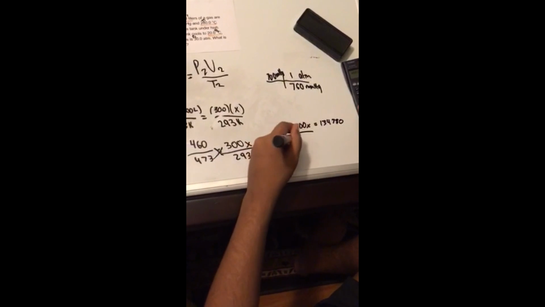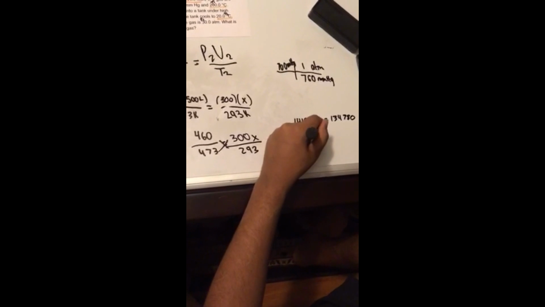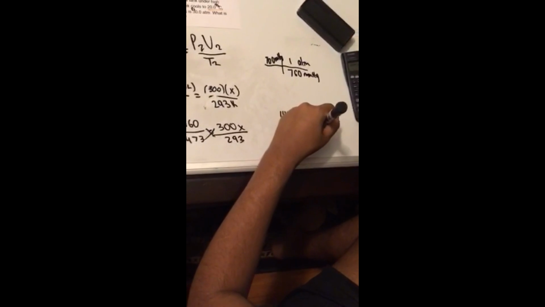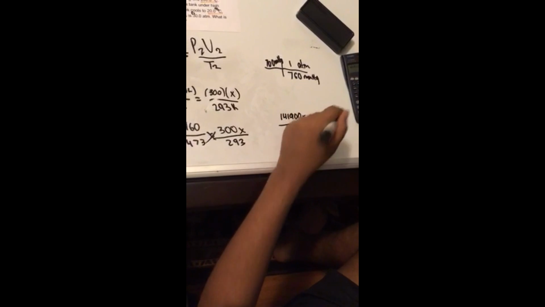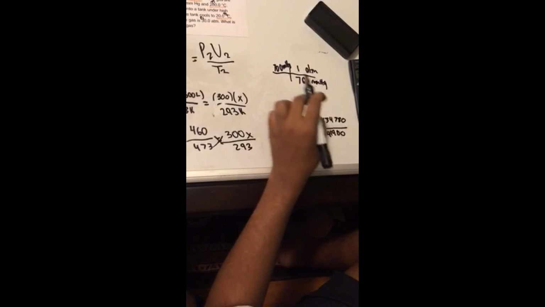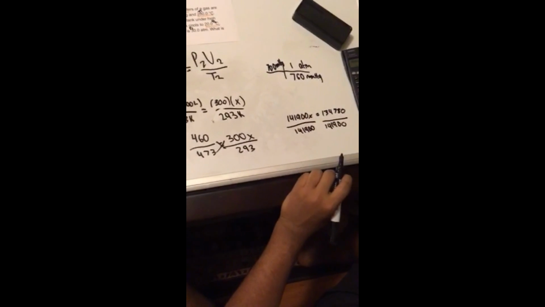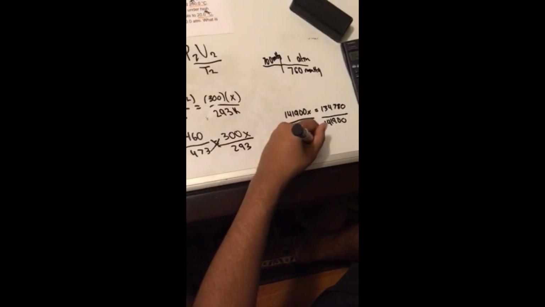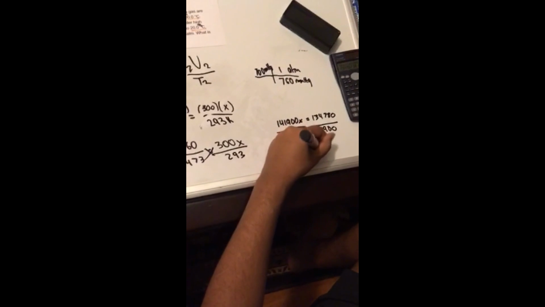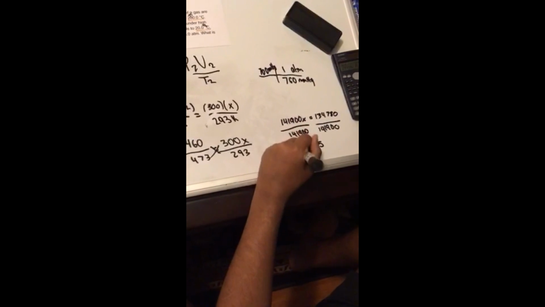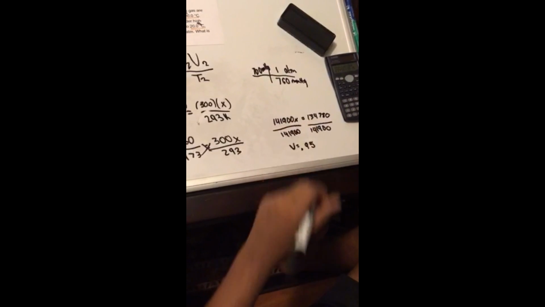And we would divide it to both sides. So, and our answer would be 0.95. So our volume would be 0.95.